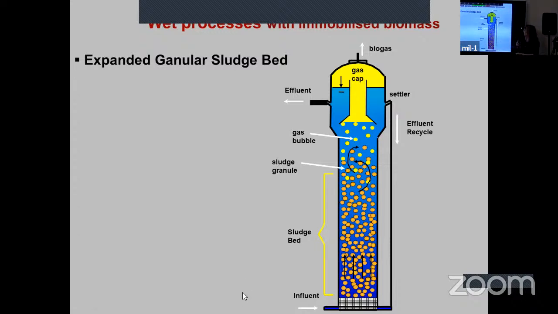In this case, it is the expanded granular sludge bed, and you can put the beads in movement thanks to the liquid flow rate.